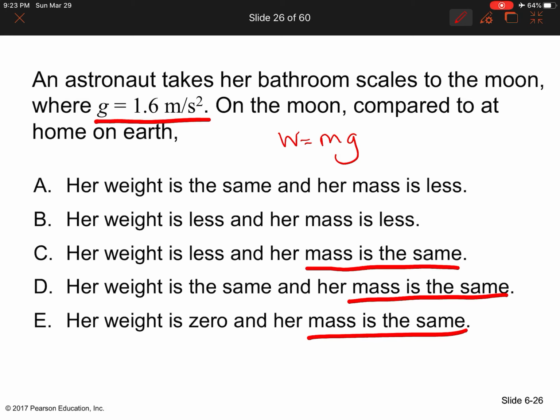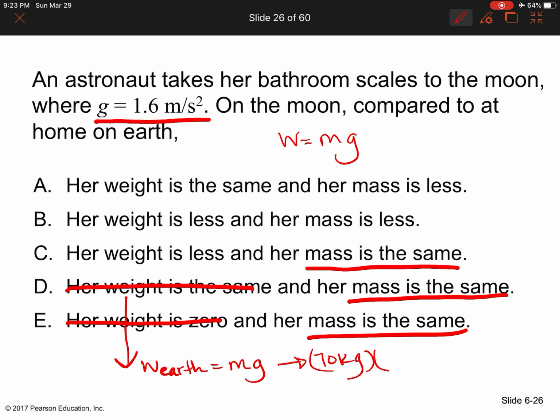So could her weight be 0? No. Could her weight be the same? No. Because her weight on Earth is mass times gravity, which would be whatever her mass is. Let's just say 70 kilograms or something, times 9.8 meters per second squared.